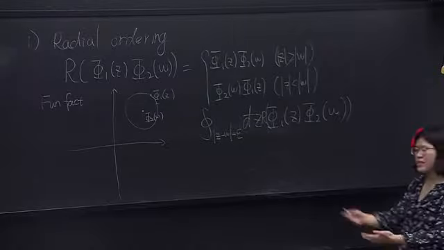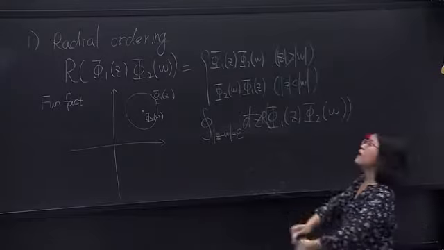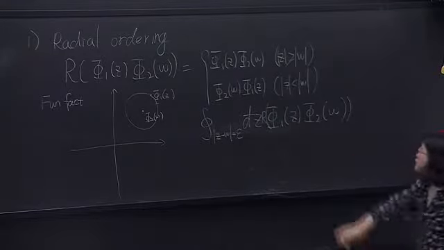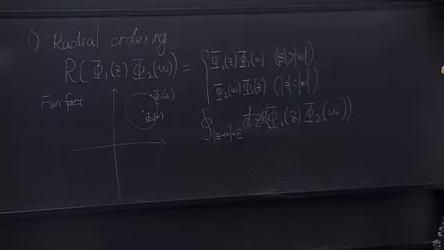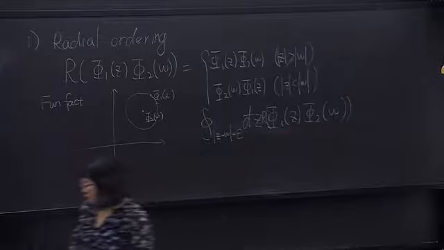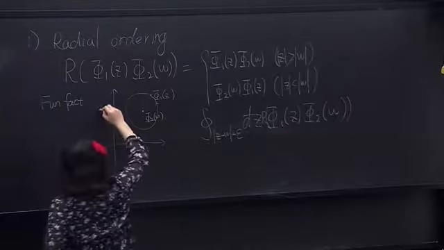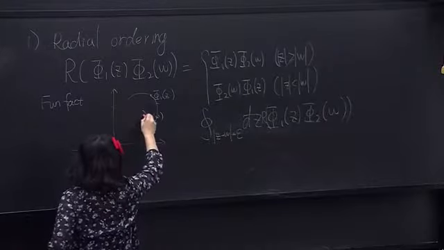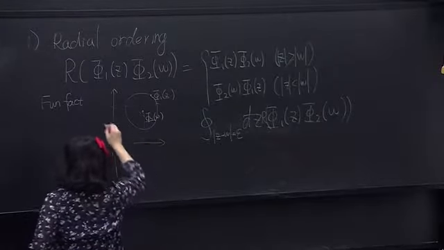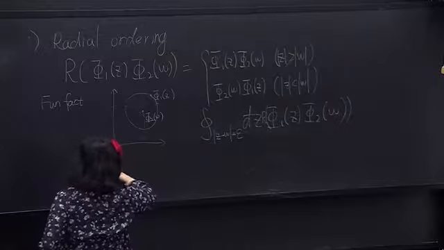Because we're interested in correlation functions, the correlation function is automatically radially ordered. So it's always radially ordered. But if now I want to do this integral, I'm running into some sort of trouble because z and w seem to be changing their ordering from time to time as I follow my contour.